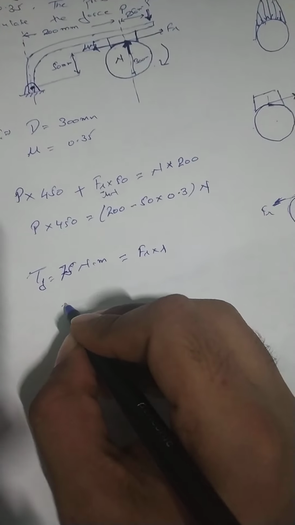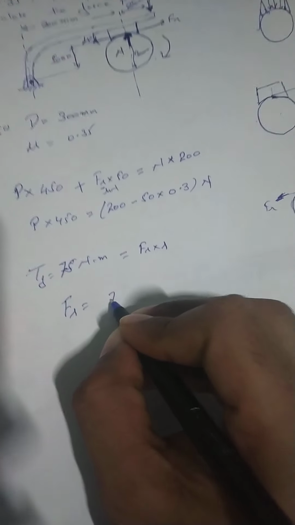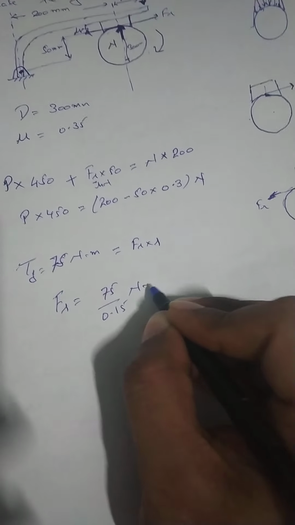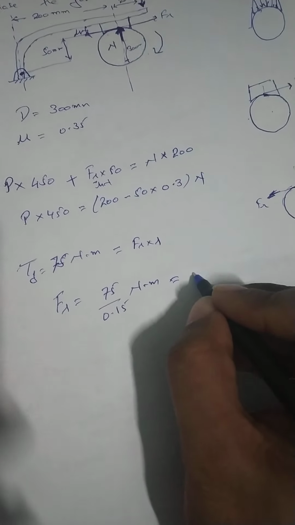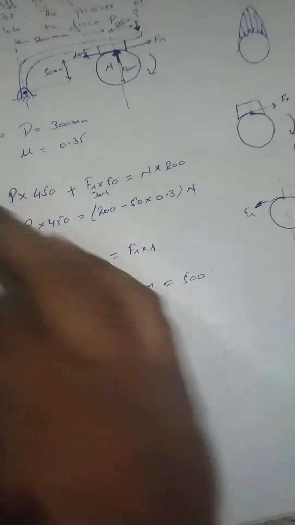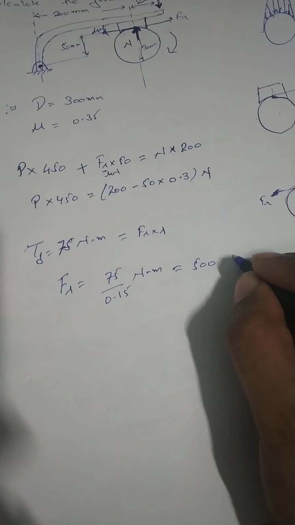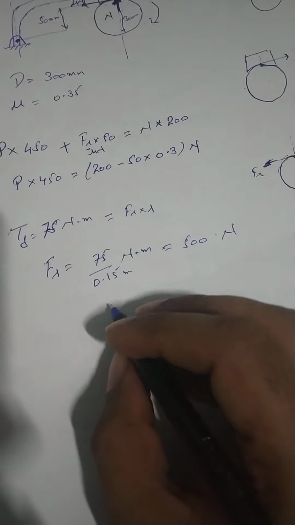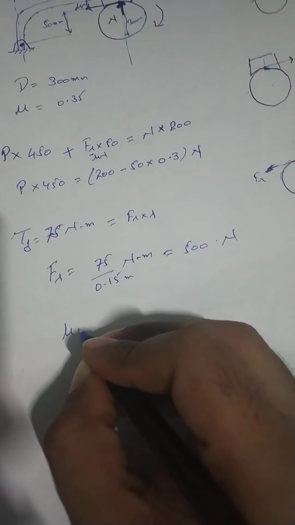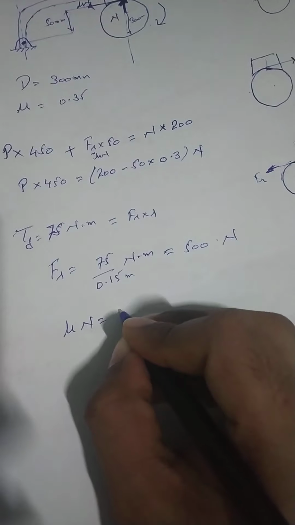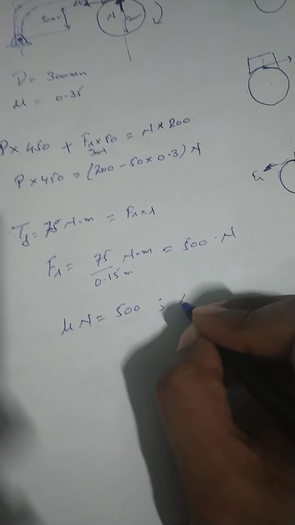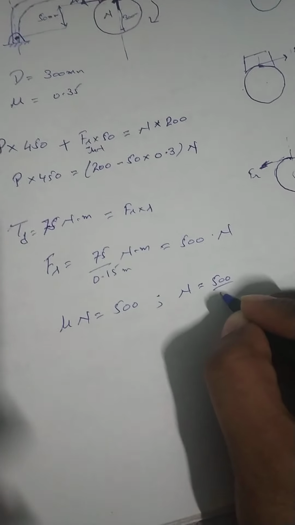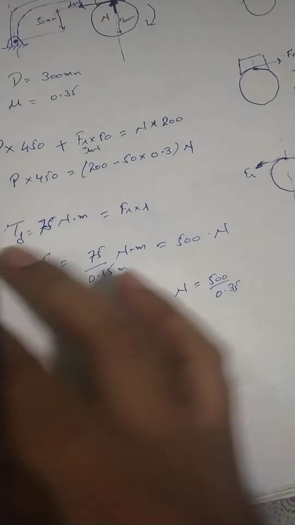So here we can find the value of Fr is equal to 75 divided by 0.15 Newton meter, which will be equal to 500 Newton. We know Fr is equal to mu into N, which is equal to 500, and from here we can easily find the value of N, 500 divided by 0.35.